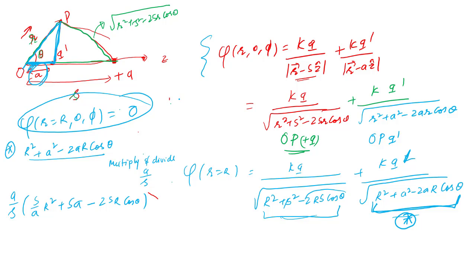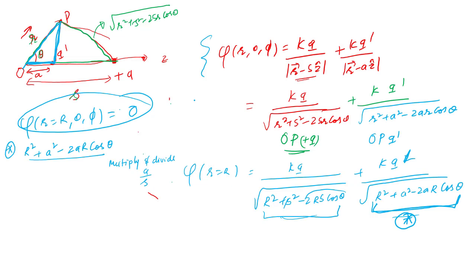So if we are going to choose this a such that it is equal to... I don't know why it is disappearing. I apologize for that. So let me write it on the next slide.